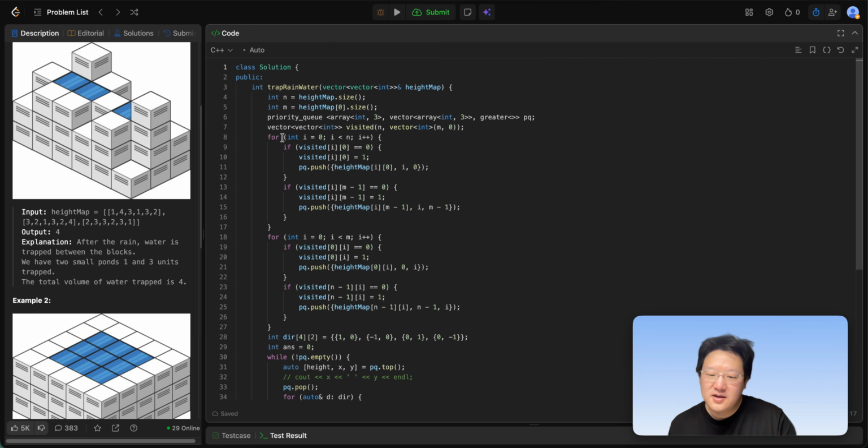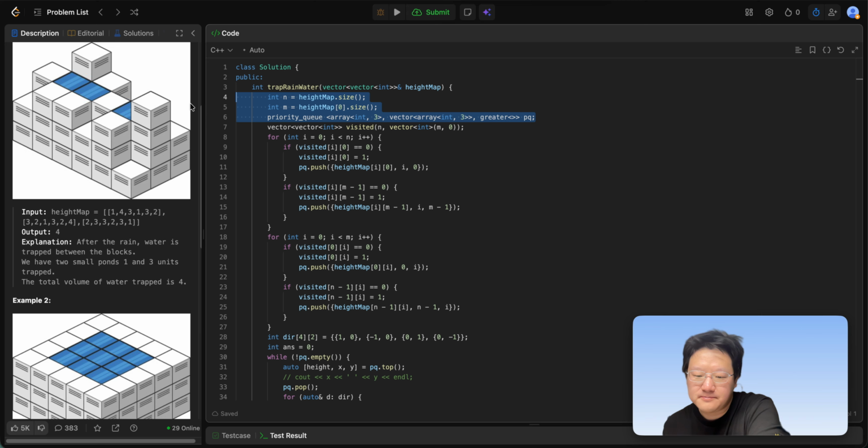This is my C++ code. You can see in the first block, I get the n and m and define a priority queue.